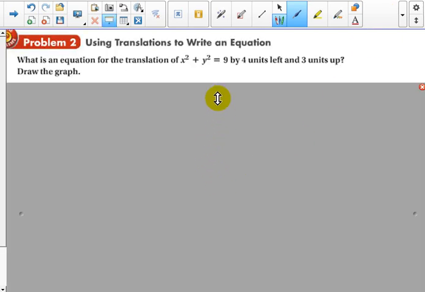Okay, the second problem says, what is an equation for a translation of x squared plus y squared equal 9? And we're going to move that 4 units left and 3 units up. So that means that our h is equal to -4, going 4 units to the left, and our k is moving up 3, so it's equal to 3.